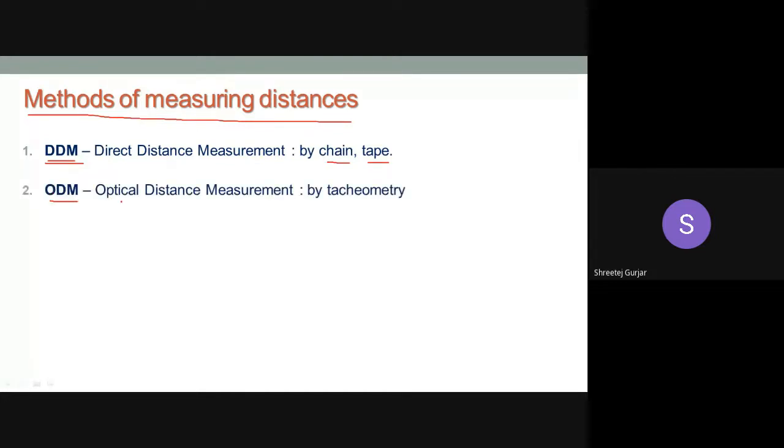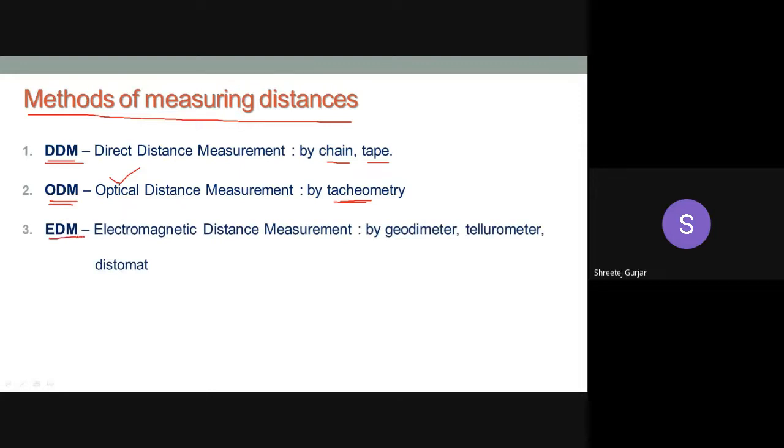Then optical distance measuring, wherein we use tacheometry, trigonometry, and with the help of optics, right? Lenses, right? We use theodolites, dumpy levels, and other instruments. Coming to the third one, electromagnetic distance measurement, wherein we have examples of geodimeter, tellurometer, and Distomat. Distomat is a company which produces Total Station. So Total Station is also an example of an electronic distance measuring instrument.